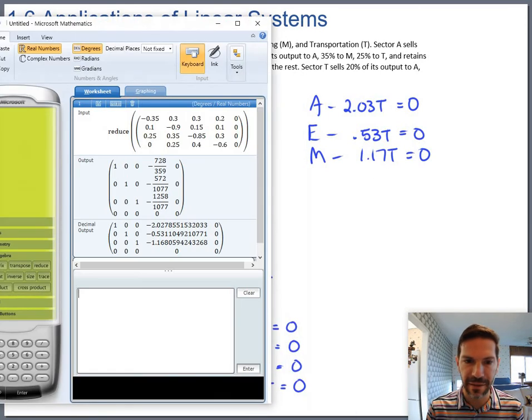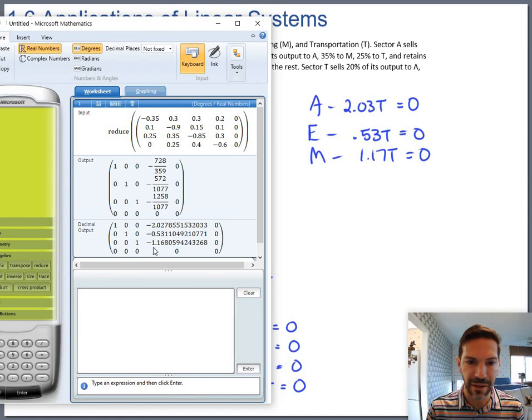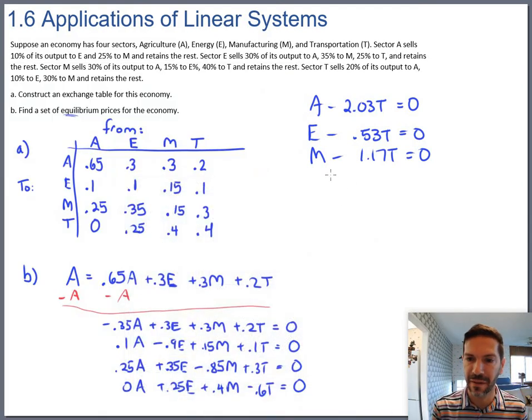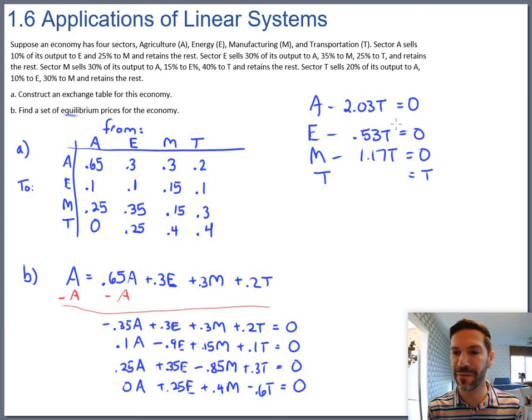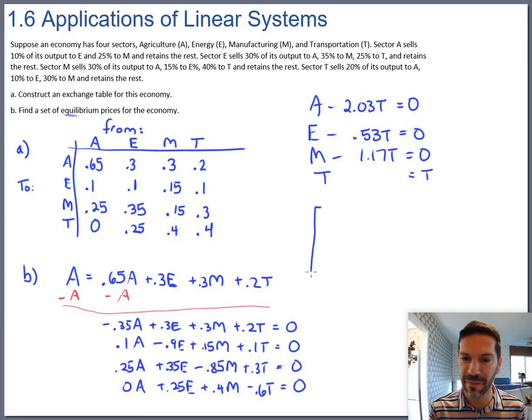And the last row here is just 0 equals 0. It says T is free. So the last one is just going to say T equals T. And to fully finish solving this, let's write this in vector form. Say the prices of agriculture, energy, manufacturing, and transport sectors.